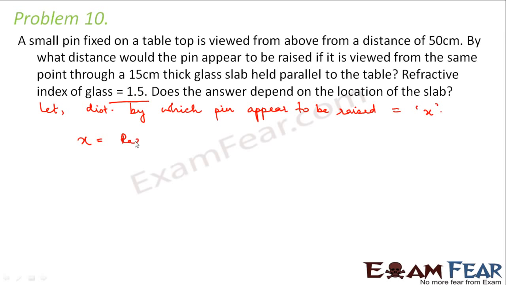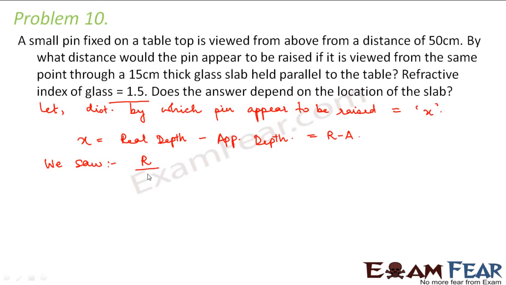So what is x? x is nothing but real depth, that means the actual depth of the pin, minus apparent depth, that is the depth which we are viewing. So x is nothing but real depth minus apparent depth, that is r minus a. Now we already saw that the ratio of real depth to apparent depth is equal to the refractive index of the medium.